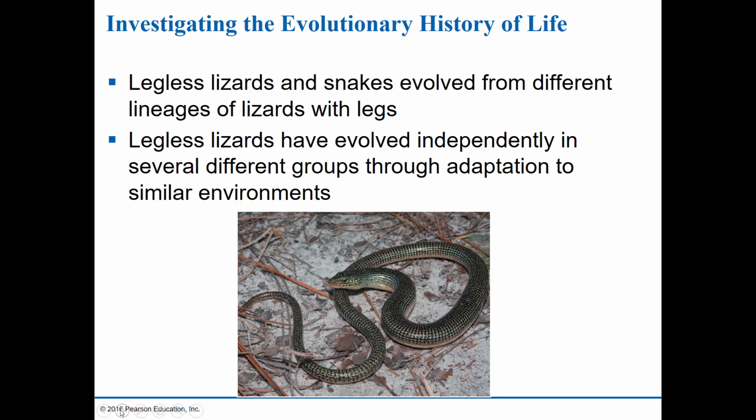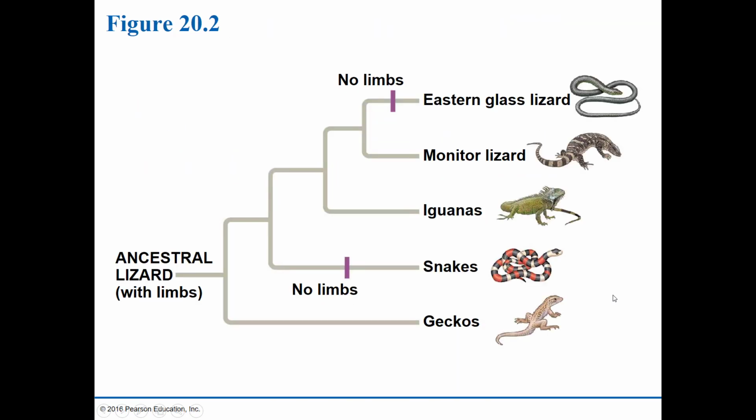There probably was a benefit to having smaller and smaller legs. And so those survived versus others that had bigger legs. And the bigger legs started to die off. Those that were born with smaller legs started mating with others that had smaller legs, producing offspring with even smaller legs until it got to the point where they no longer had legs at all. For whatever reason, that was a benefit to that environment.